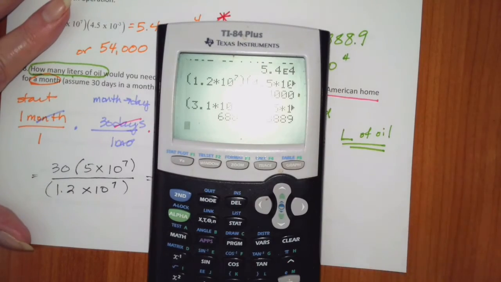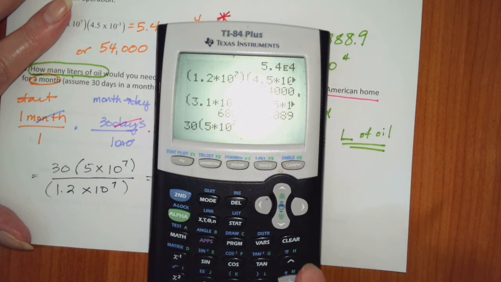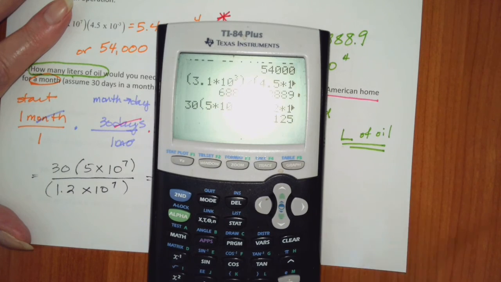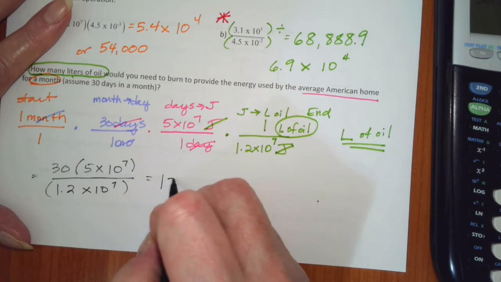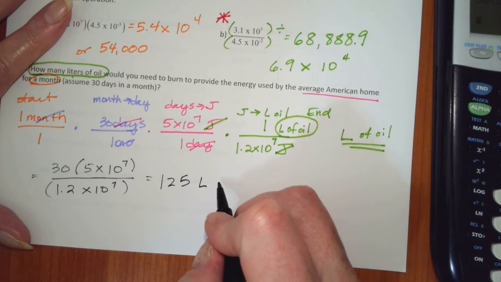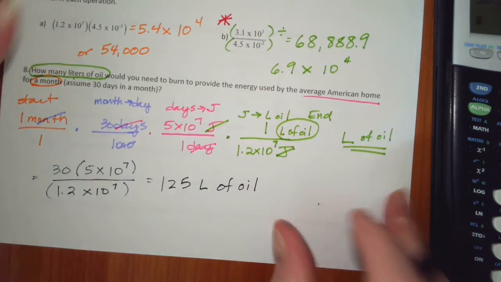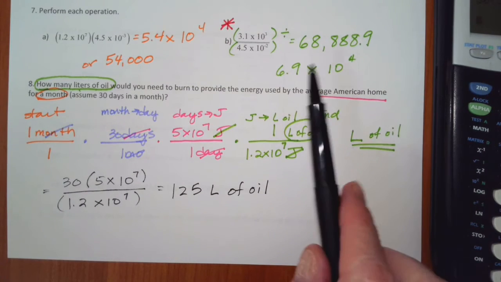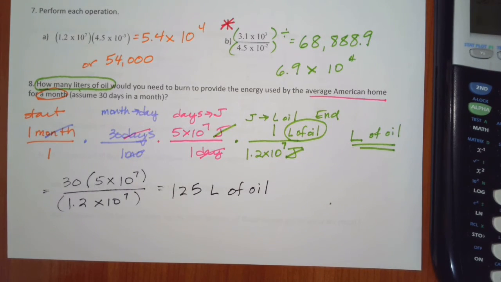Okay, then I just use my calculator. 30 times 5 times 10 to the 7th divided by 1.2 times 10 to the 7th, and I get 125. So it would take 125 liters of oil to provide the average American home with energy for a month.